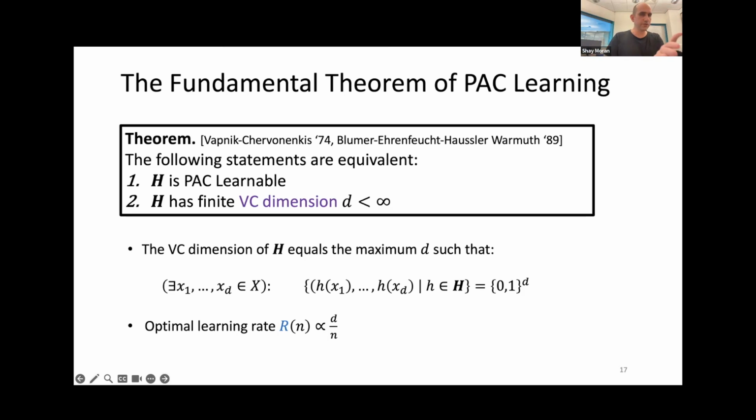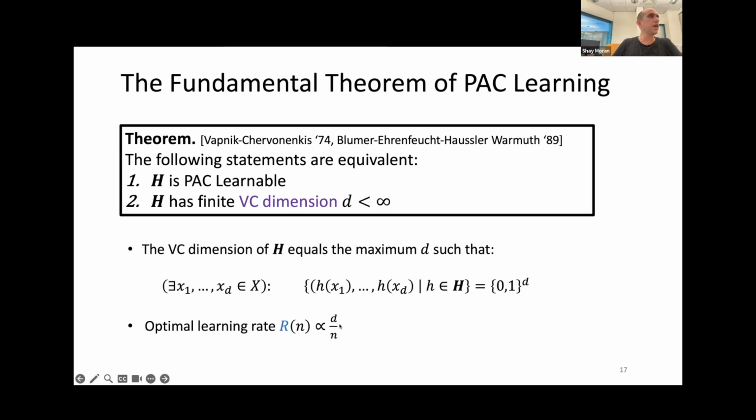So this theorem indeed answers the first question of mathematically which classes are learnable. We have a very concise and simple combinatorial characterization of those classes using the VC dimension. Moreover, the proof implies that the optimal learning rate in the definition of PAC learnability is d over n.